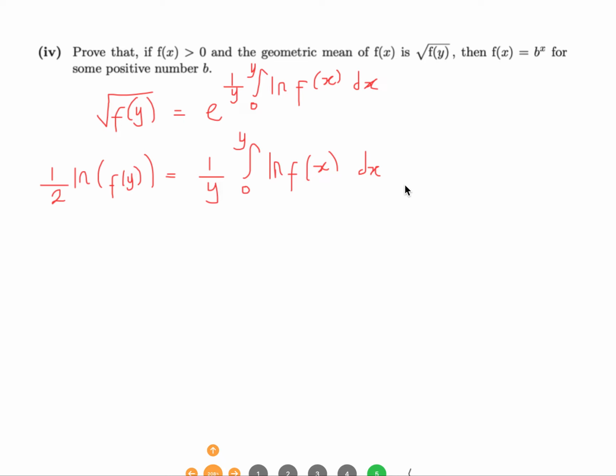Multiply both sides by y, so y over 2 ln of f of y equals this integral. So at this moment you should really be thinking that we're going to end up with some kind of differential equation, or at least that's what I'm thinking.